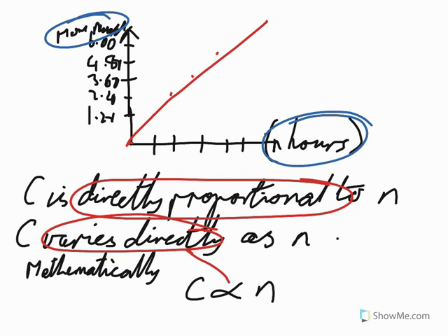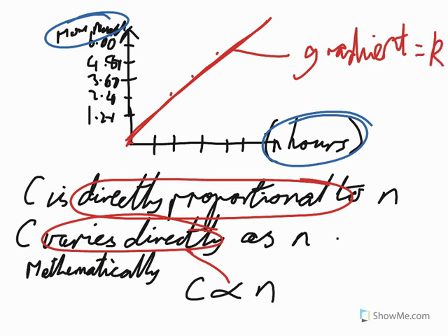Now we can go further because when you look at your graph here, a straight line graph, we have a gradient of that straight line, so in this case for variation we use the letter K. So if C is proportional to N, that means C is equal to K times N.